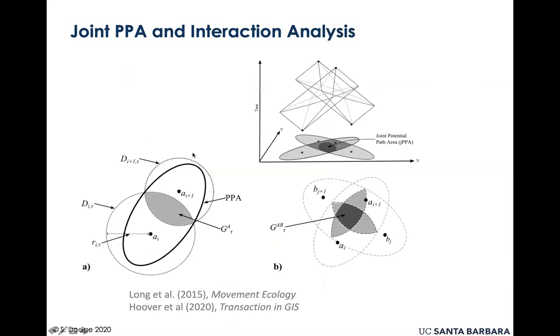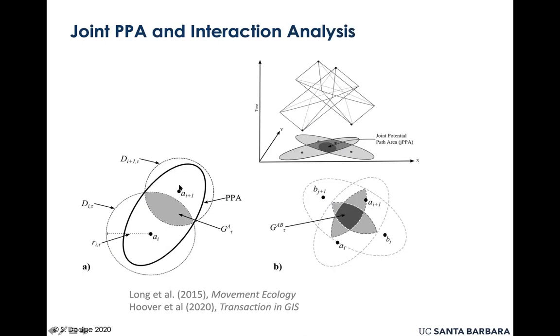So Jet, Long, and Brandon use this notion of space-time prism and look at the intersection of this area that is basically the accessible area at each moment in time for the entity.